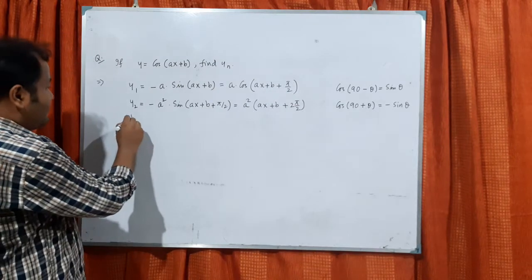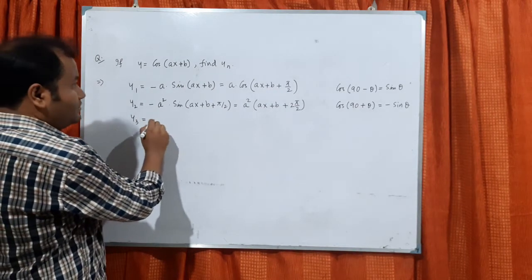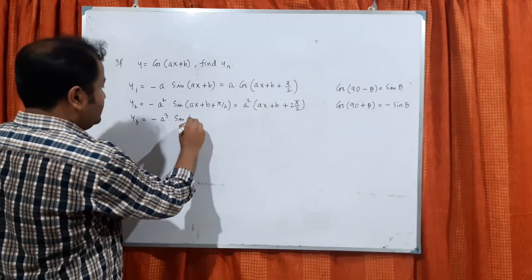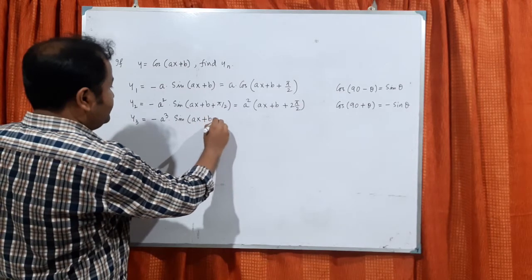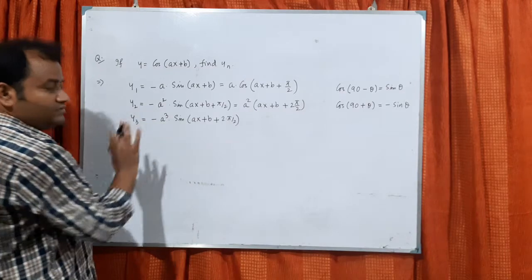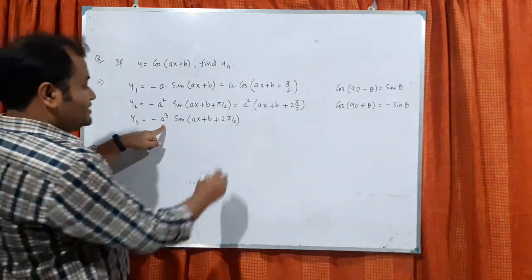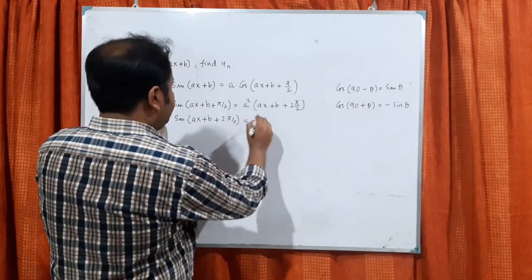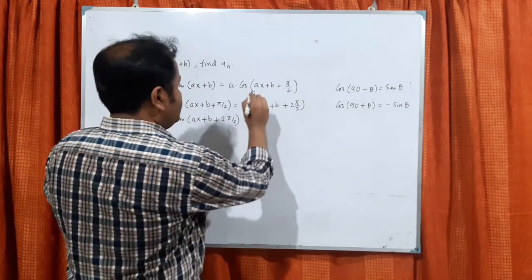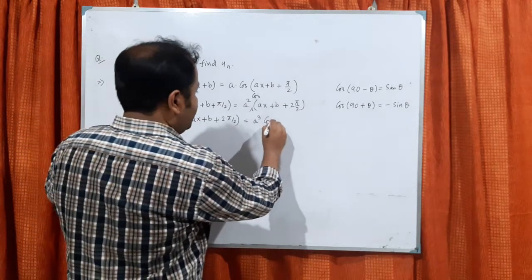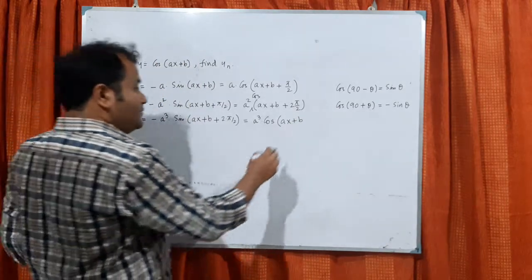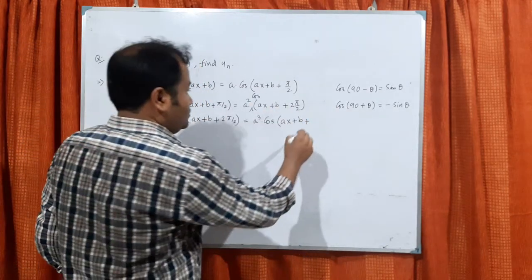Now if you go for y3, it will be minus a cube sine of ax plus b plus 2 pi by 2. Simply we take the derivative of this one. Now again by the same logic it can be written as a cube, then minus sine, there should be cos, sorry, extremely sorry. So it should be cos of ax plus b plus 2 pi by 2 plus another pi by 2, so it is 3 pi by 2.